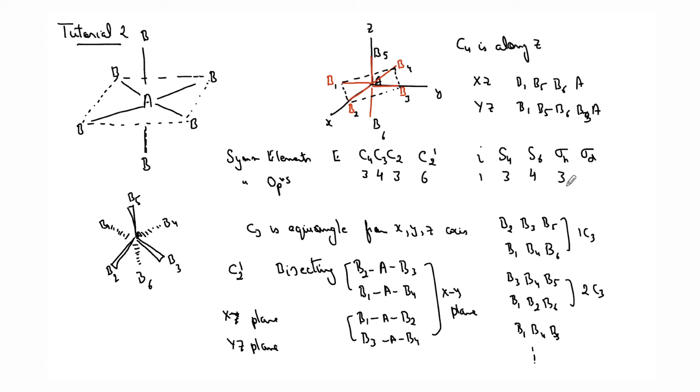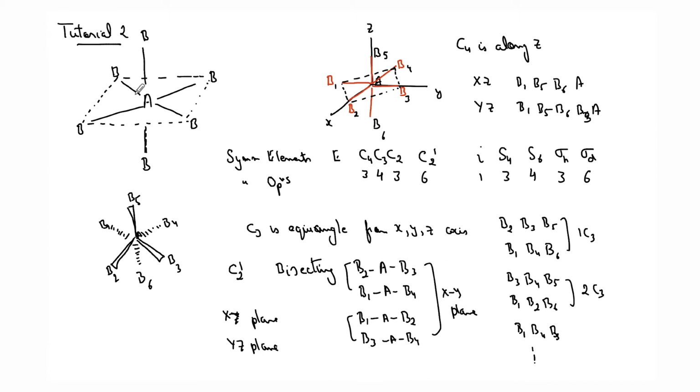So that means there will be 3 such sigmas, and sigma D's will be coplanar with C2 primes. So if there are 6 C2 primes, you have 6 sigma D's, right? So I hope I have not made it more confusing, but I would suggest you to work out this example again by yourself so that it is very, very clear.